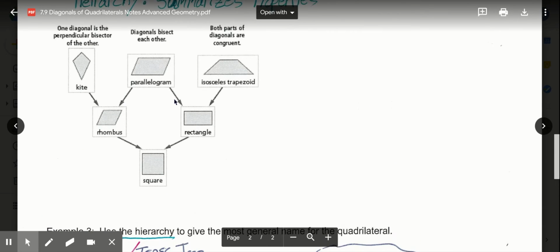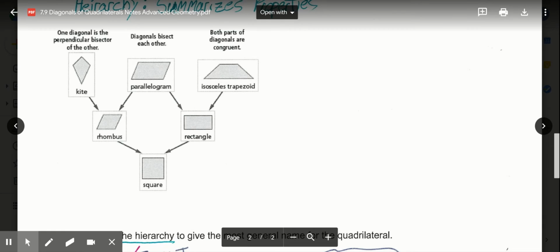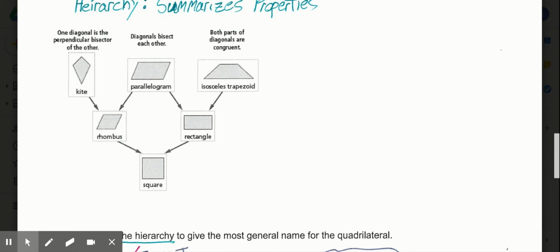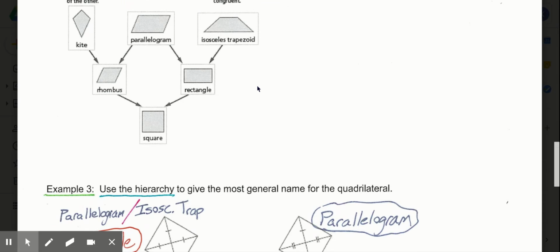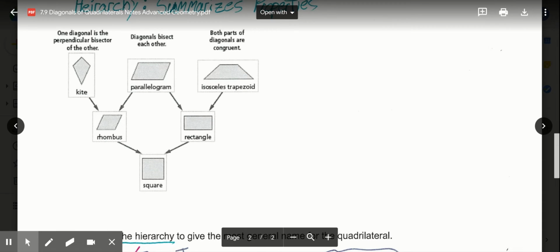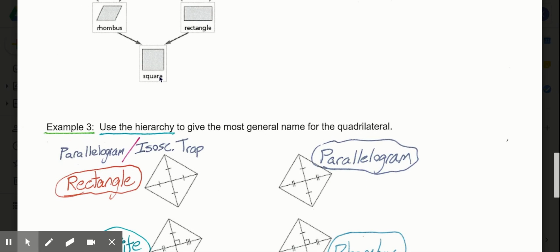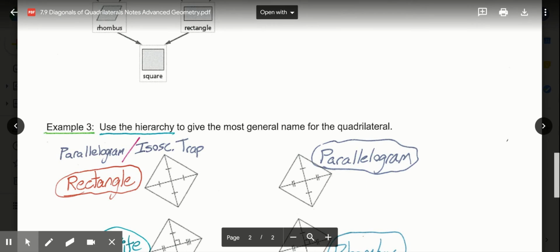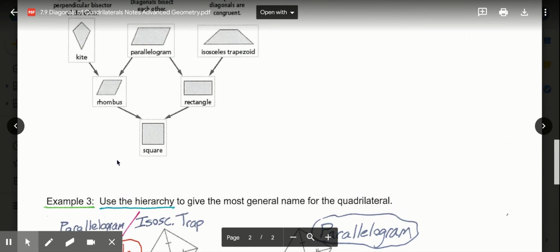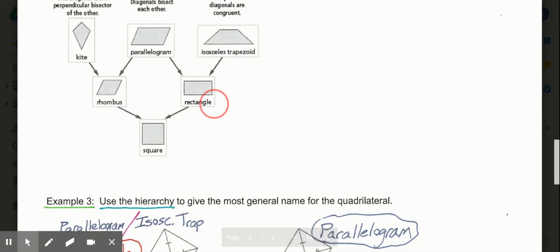So in this case, the diagonals are congruent, so that applies to an isosceles trapezoid, and the diagonals bisect each other, so that applies to a parallelogram. So if we have the properties of an isosceles trapezoid and a parallelogram, our general name for that quadrilateral would be a rectangle.